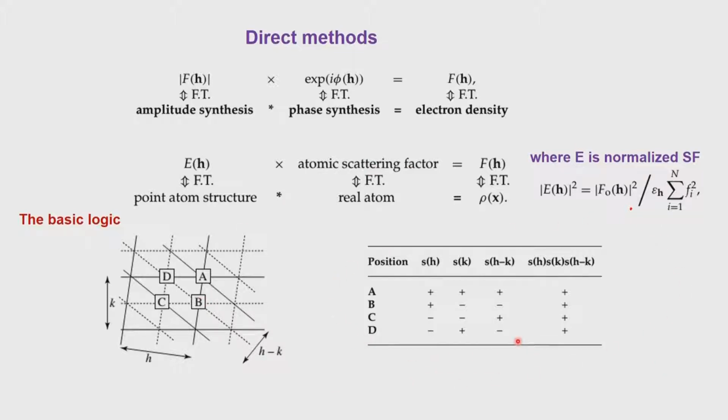I will come to that table in a minute. Now we have a set of planes HKL, and in this HKL plane there are 4 regions of high electron density. That means atoms are contained in these 4 regions A, B, C and D. So, the structure factor, and therefore the E of H, will be very large. We are now dealing with the highest possible E values.